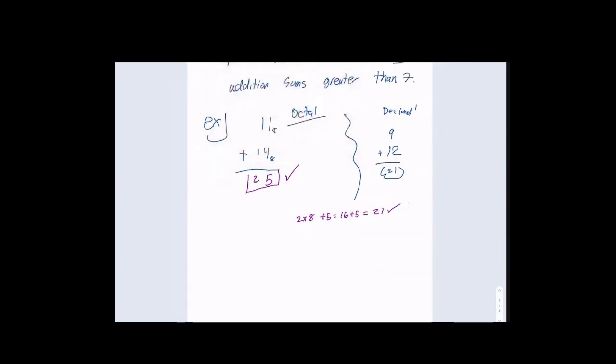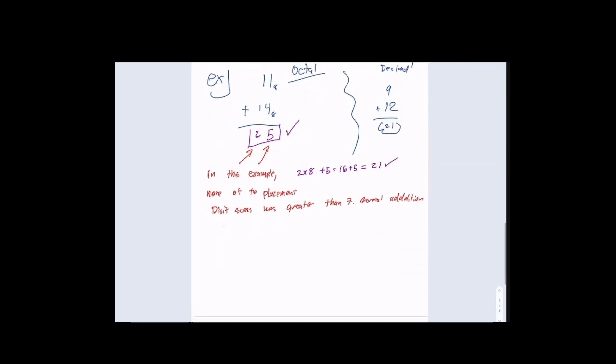Now, as we can see in this example, none of the placement digit sums was greater than 7. Normal addition.